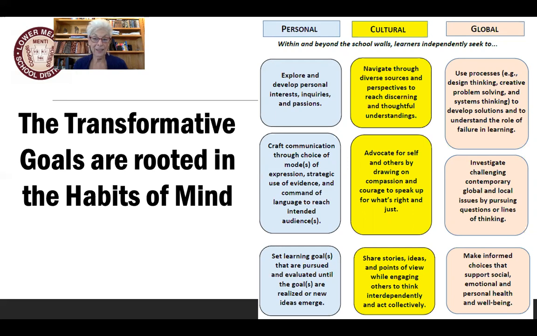Now, nothing should tell us more about this whole idea of personal, cultural, and global than the pandemic that we're in right now, because it really speaks so much to how is this affecting us individually, sheltered at home, finding our own ways of surviving with that. How is it happening for us culturally?